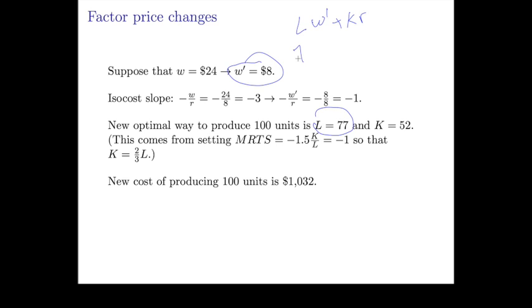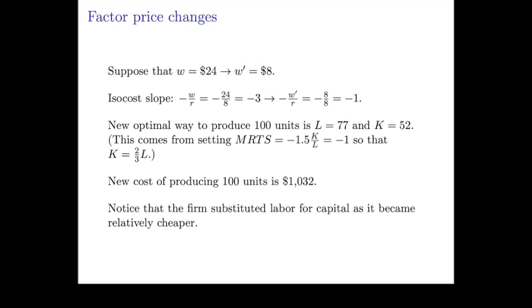So it's going to be 77 times 8 plus 52 times 8, which is 1,032. Which is of course lower than the cost of producing 100 units before the wage rate decreased. Which makes sense. The input got cheaper, so it's cheaper now to produce the output.